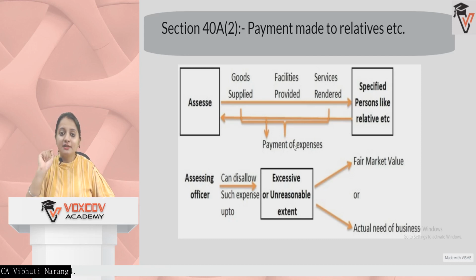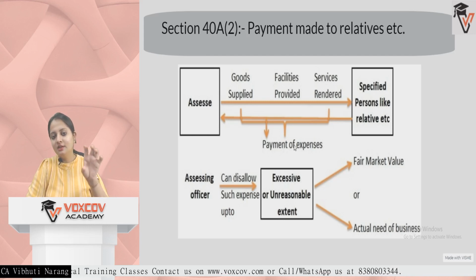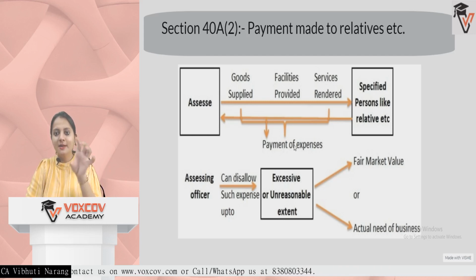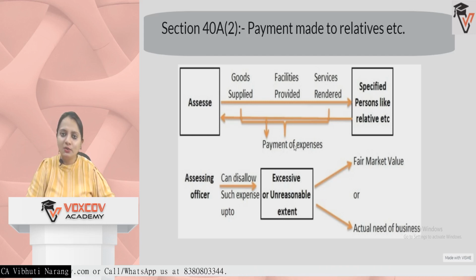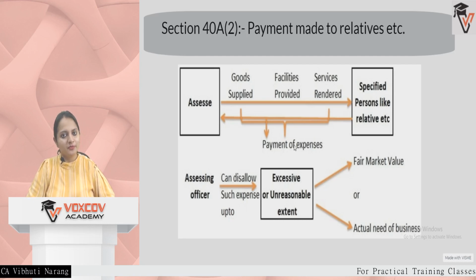In that case, the assessing officer may or shall disallow the excessive or unreasonable amount. For example, there is a good which can be given in the market at 8,000 rupees, but to the relative it is being given at 12,000 rupees, right? So the 4,000 excessive amount over and above the fair market value will be disallowed, right?